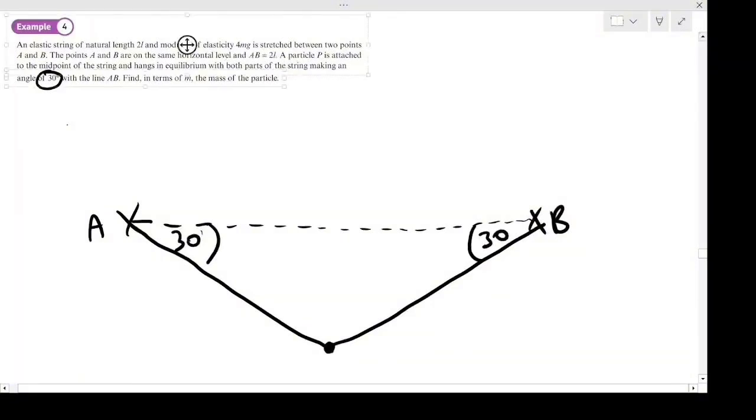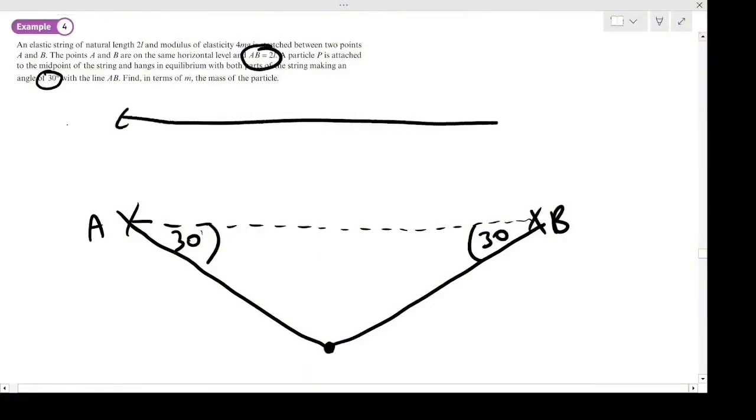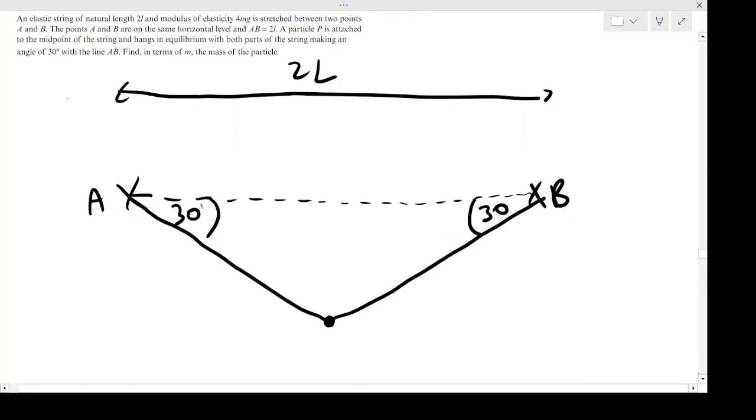I'm going to add my lengths in because I know that AB is 2L. That might help. There we are. Okay, then in terms of forces, firstly, again, I've got my particle, the mass.